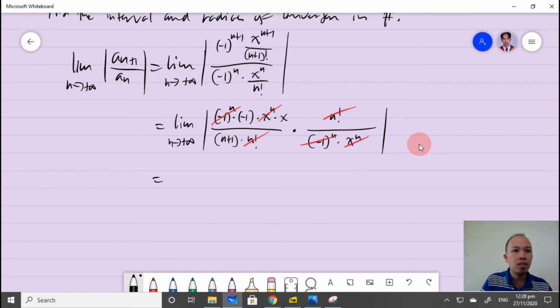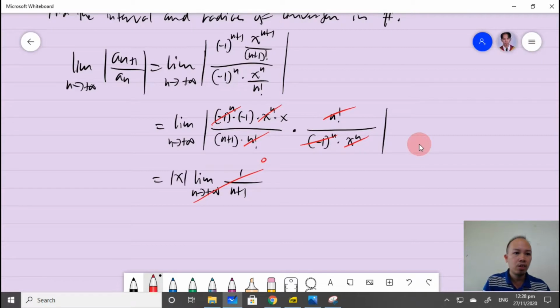What remains, since the absolute value of negative is positive, is the absolute value of x times the limit of 1 over n plus 1 as n approaches positive infinity, and we know that this is 0.